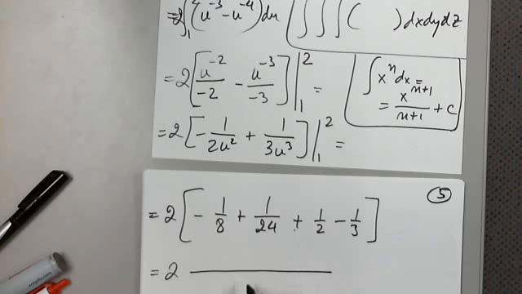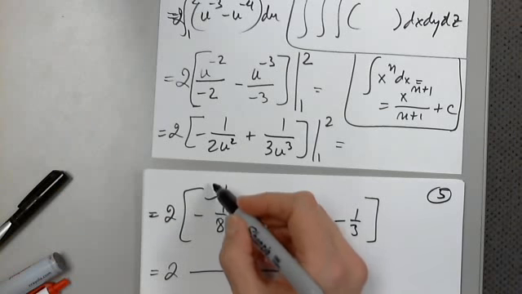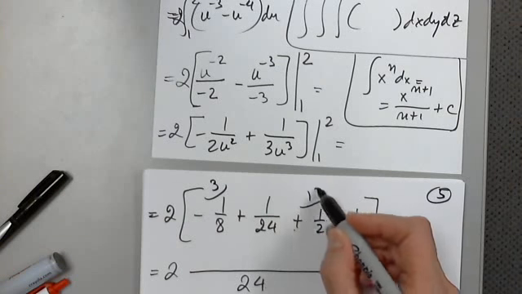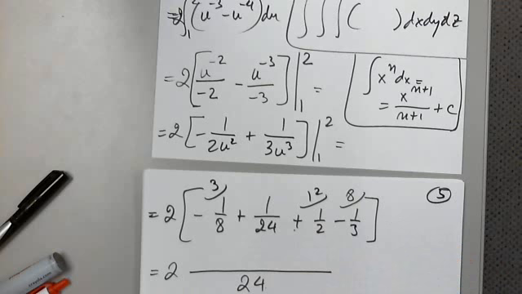Okay, the least common denominator is 24. This needs a 3, this needs a 12, and this needs an 8. So negative 3 plus 1 plus 12 minus 8.